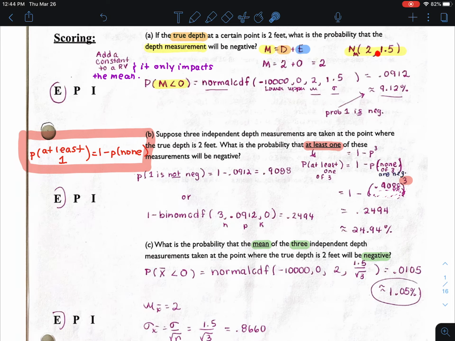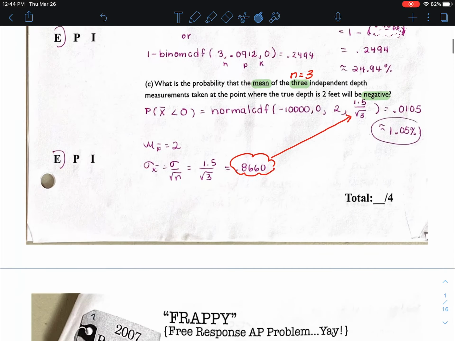So that generates a new standard deviation that should be used in this spot here when you do the calculation. And you can see then how I got that the odds of collecting 3 samples, averaging them, and their average being negative is roughly 1.05%.